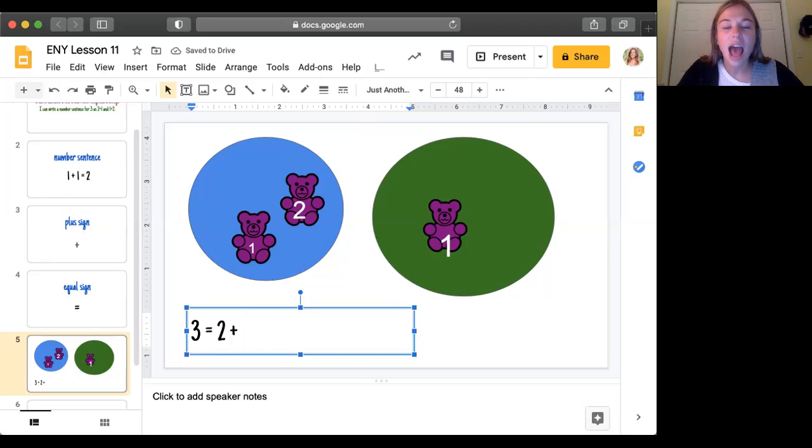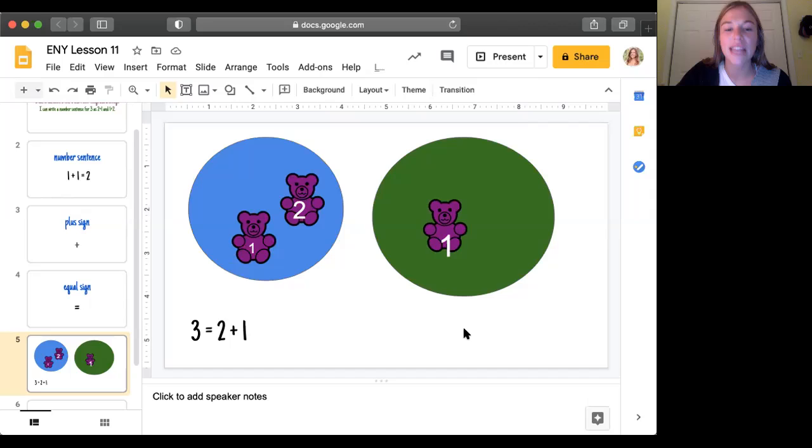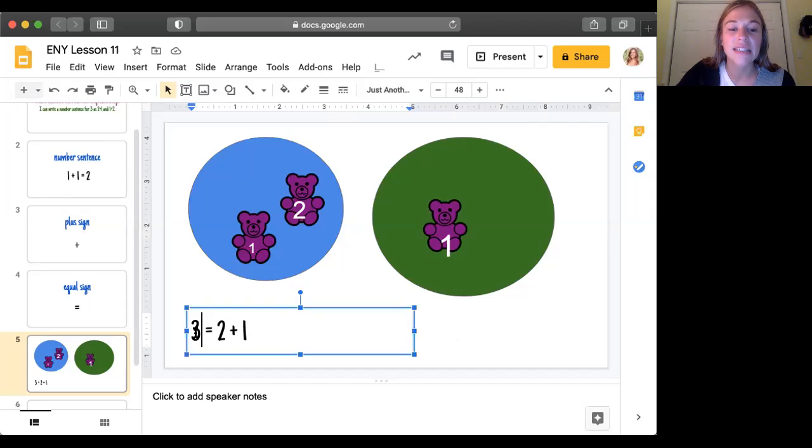And then, how many bears did I have in the forest? That's right, I had 1. I had 1 bear in the forest. So my number sentence for this story is 3 equals 2 plus 1.